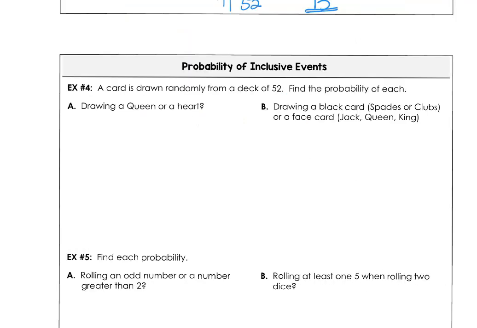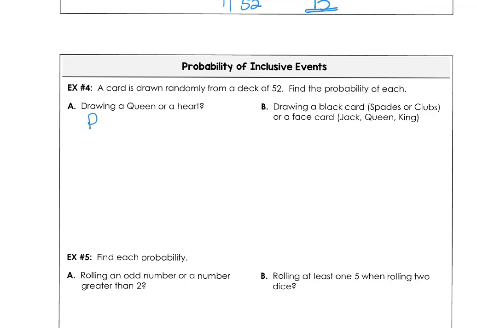Next, we want to consider the probability of inclusive events. So this is when we're looking for the overlap. Let's say you have a card and it's drawn randomly from that deck of 52 cards. Find the probability that you're going to draw a queen or a heart. So this probability, we've got some overlap.